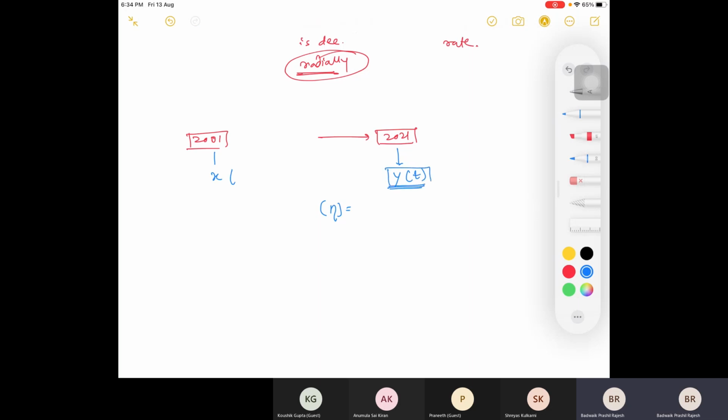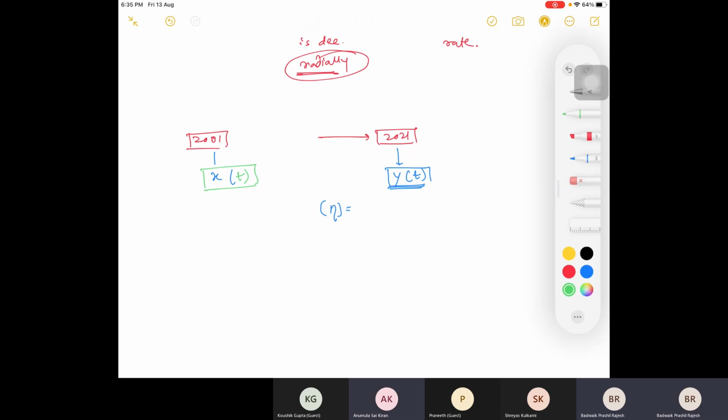So what can I say about the efficiency or effectiveness of that car? It is decreasing, right? As I move ahead in time, the activity or efficiency of that car is decreasing. So how can I write activity or efficiency in terms of X of t and Y of t?